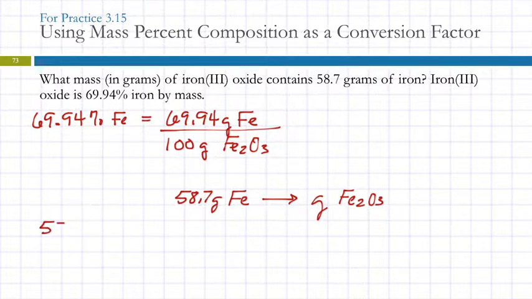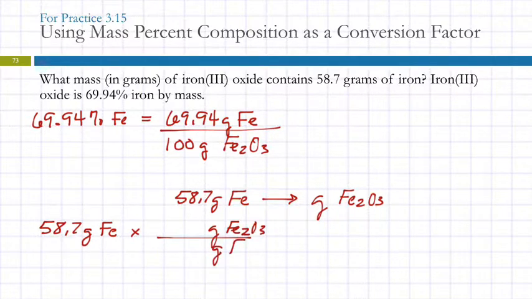So 58.7 grams of iron. And I'm going to multiply by grams of iron 3 oxide. I'm going to divide by grams of iron because I want the units to work out. After I get the units in place, I look at what I wrote down as an alternate way of writing this percentage.